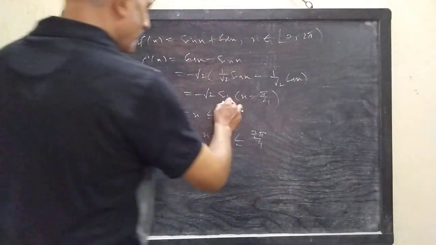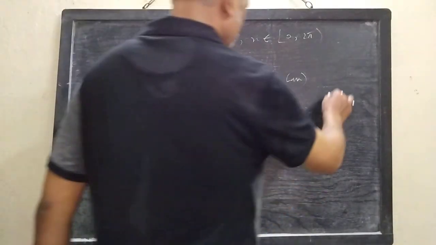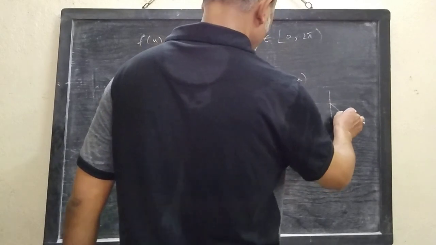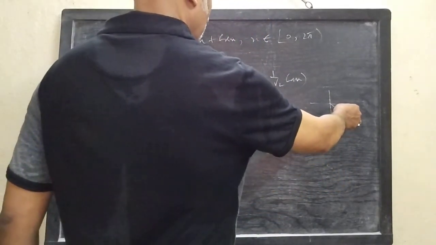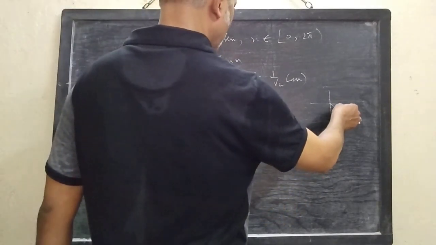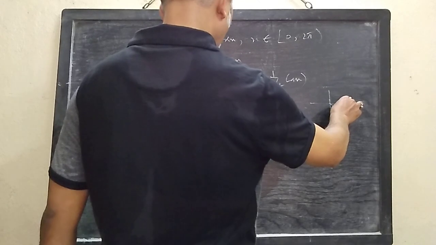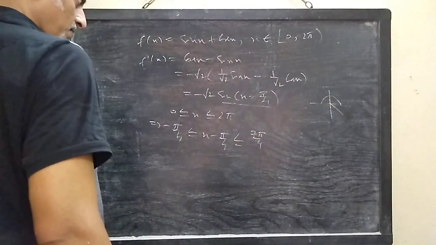Here it is sin. Minus pi by 4 means from this part. When sin is concerned, from minus pi by 4 to 0, sin is negative. Then from 0 to pi, sin is positive.